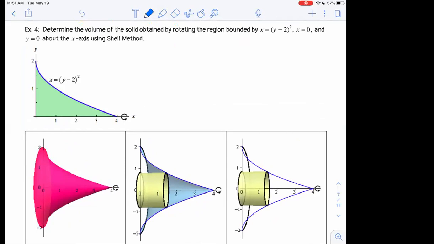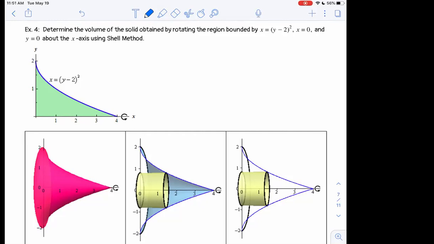So same thing, I want to see you set this one up using shell method. So making the decision, should it be dx or dy? What are my bounds? How do I know that? Once you've set it up, go ahead and send me a picture. If you could email me by 12:30, that would be awesome.